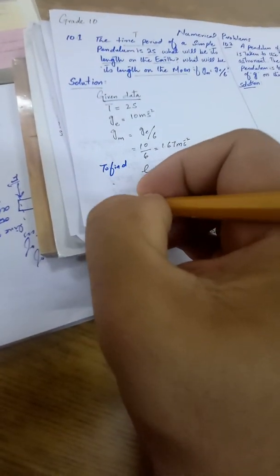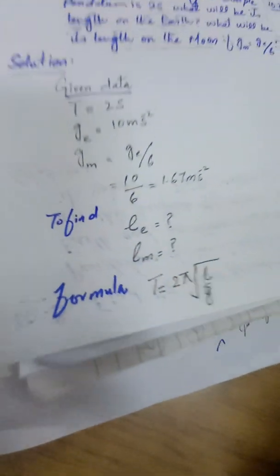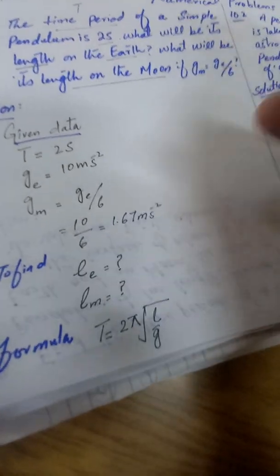We know the relation or formula used in this problem: the time period of a simple pendulum is equal to 2 pi under root L over G. Now solution.